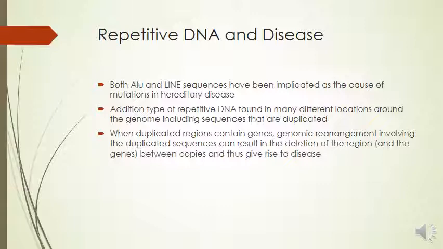Another type of repetitive DNA is found in many different locations around the genome, including sequences that are duplicated. When duplicated regions contain genes, genomic rearrangement involving the duplicated sequences can result in the deletion of the region and the genes between copies, and this gives rise to disease.